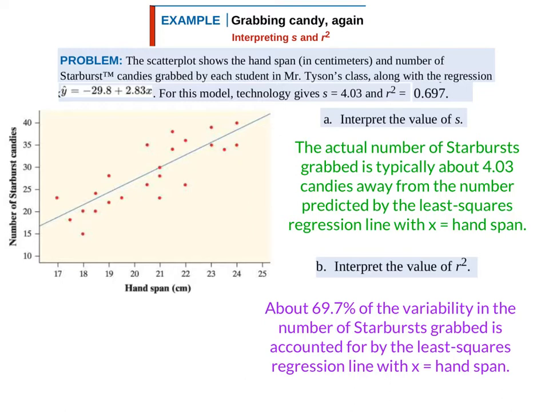And then R squared talks about a percentage, right? So that means that 69.7% of the variability in the number of Starburst grabbed is accounted for by the regression line, where X, again, is hand span. So S talks about how far away your prediction is from the data that you've collected. And then R squared has to do with the percent of variability that is contained in that least squares regression line.